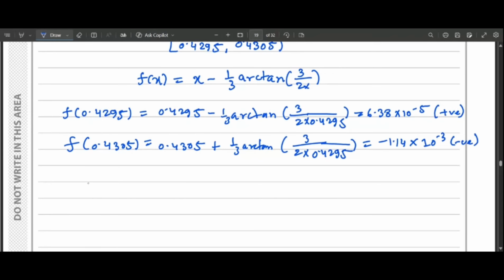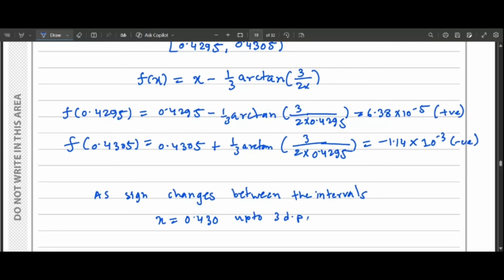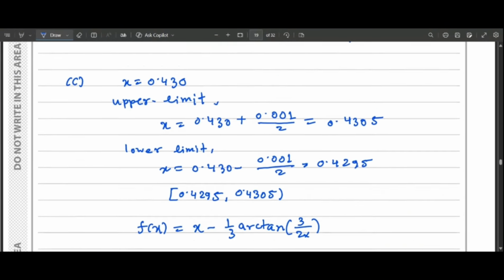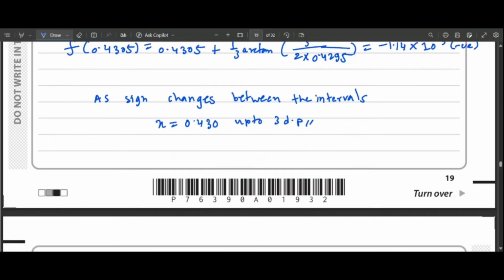So we can write the conclusion as: sign changes between the interval, x is equal to 0.430 is a solution up to 3 decimal places. So this is our answer to part C. And this concludes our question number 7. We can now move on to the next question.